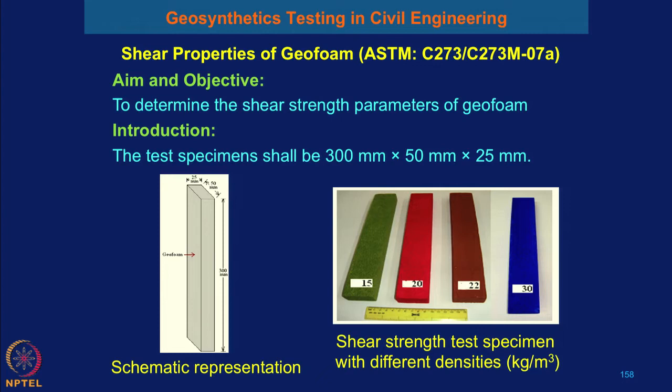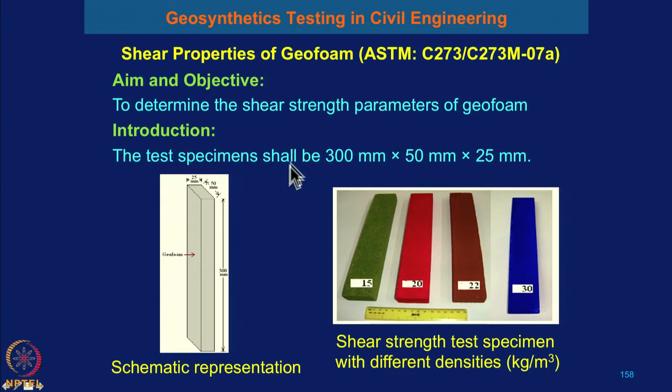So here the main objective is to determine the shear strength parameter of the EPS geoform material, and this test specimen shall be 300 millimeter by 50 millimeter by 25 millimeter.